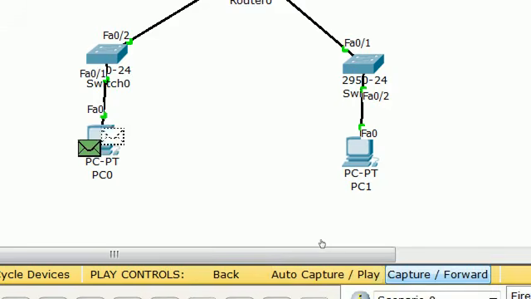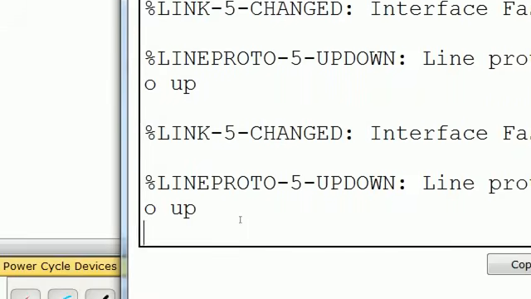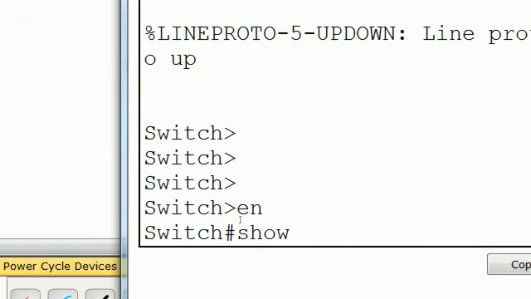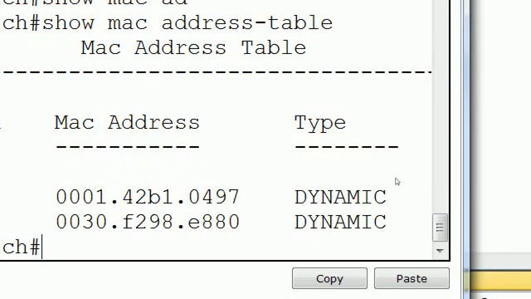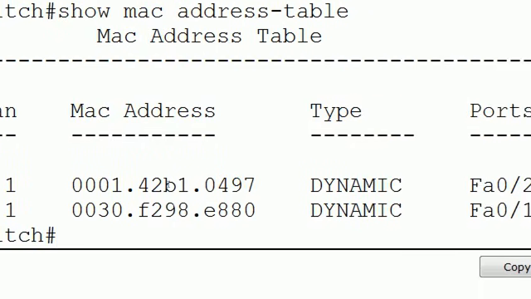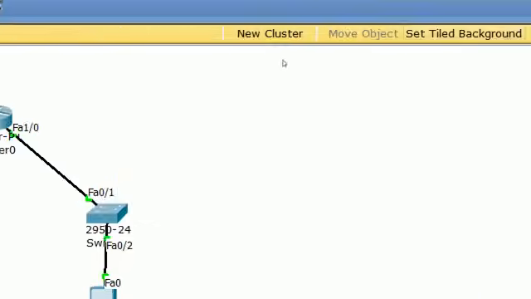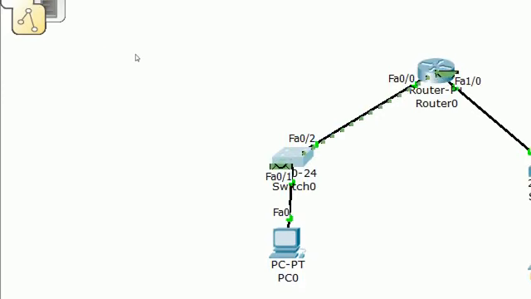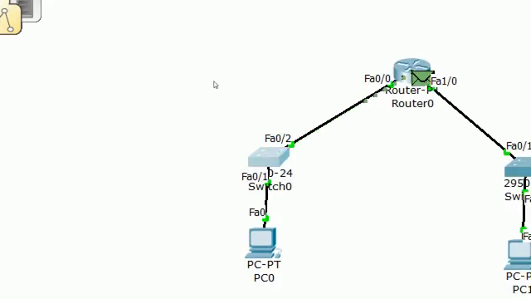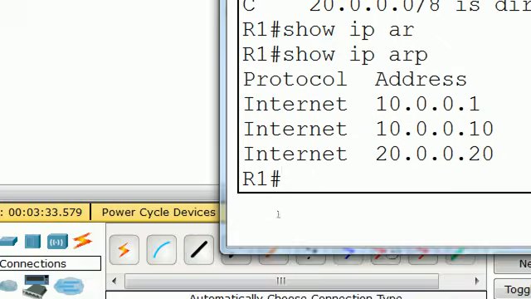Forward it to the switch. Now if I check on switch, it will learn the MAC address. Switch has learned the MAC address. Agree or not? Any problem? Forward, it will be received by router. If you check on router, it will maintain an entry in its ARP table. Agree or not? Show IP ARP. Router is having an entry for which address?